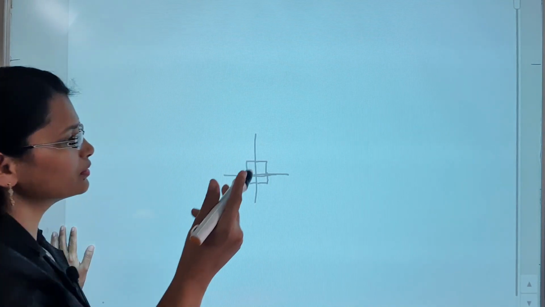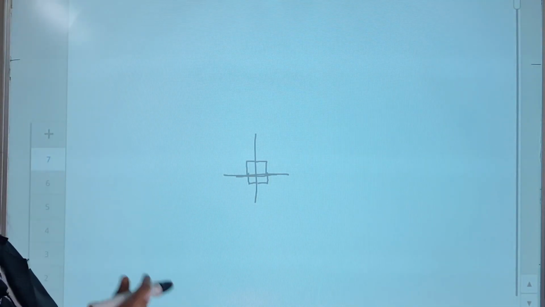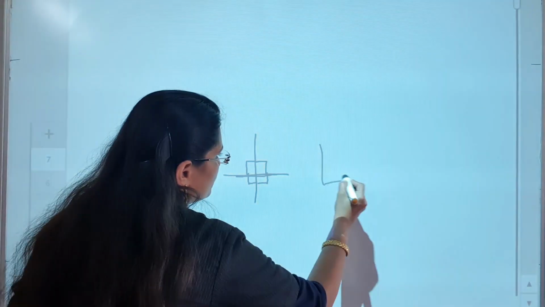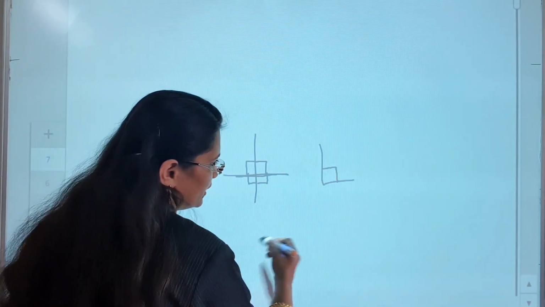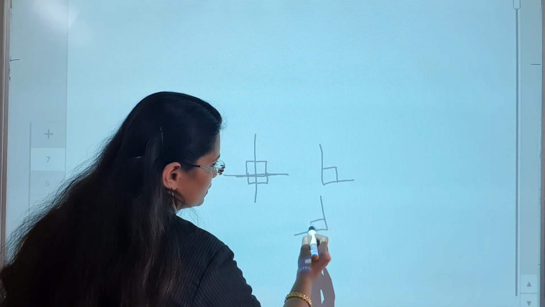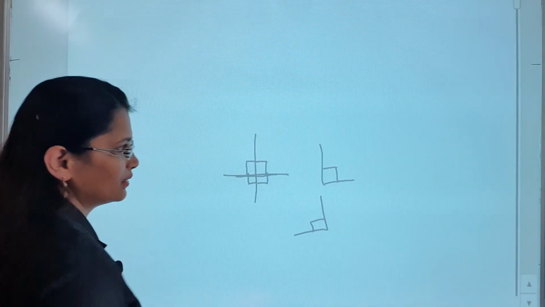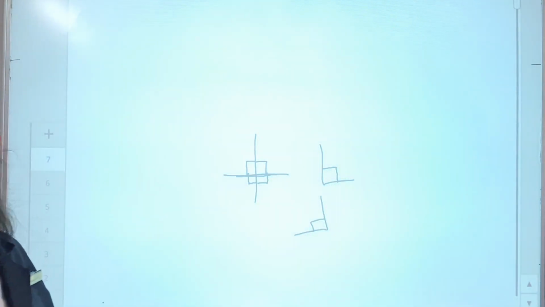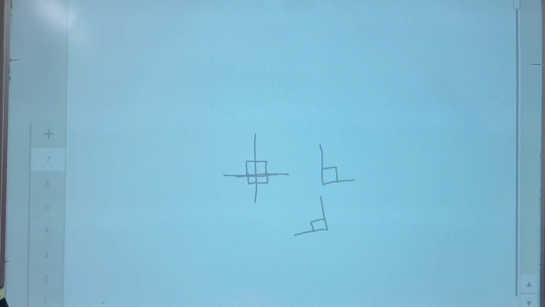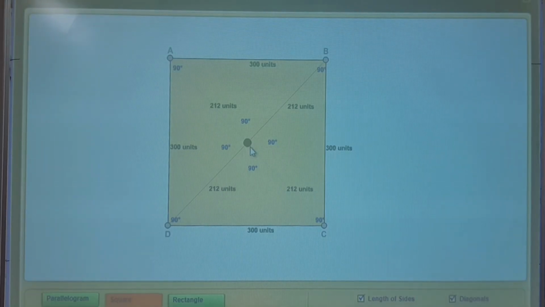Bi means 2. Bisector means make into 2 equal parts. Okay. So, if you are drawing like this, this is 90 degrees. This is 90 degrees, like this. So, in this square, diagonals are perpendicular bisectors of each other.